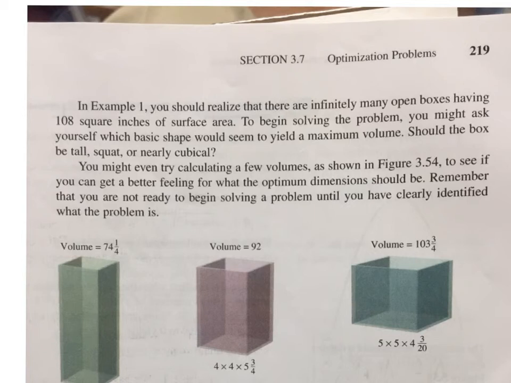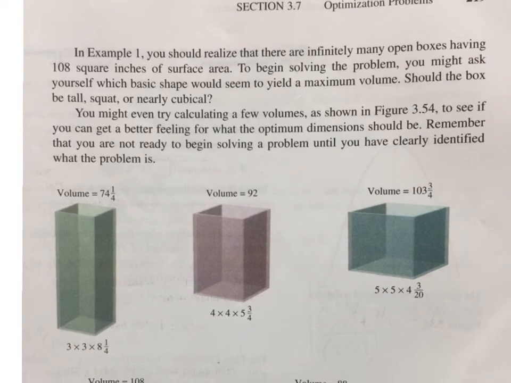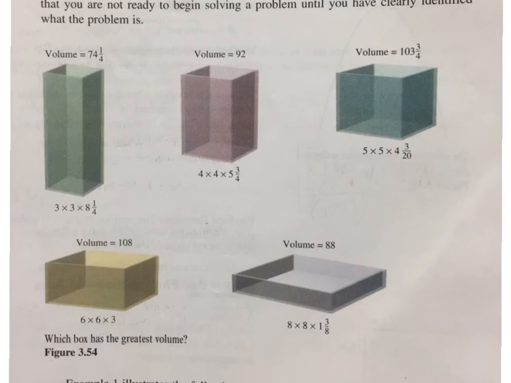Now the picture shows you that this first box has a surface area of 108, but the volume's 74 1/4. This one has a surface area of 108, but the volume's just 92. This one has a surface area of 108, but the volume is just what? 103.